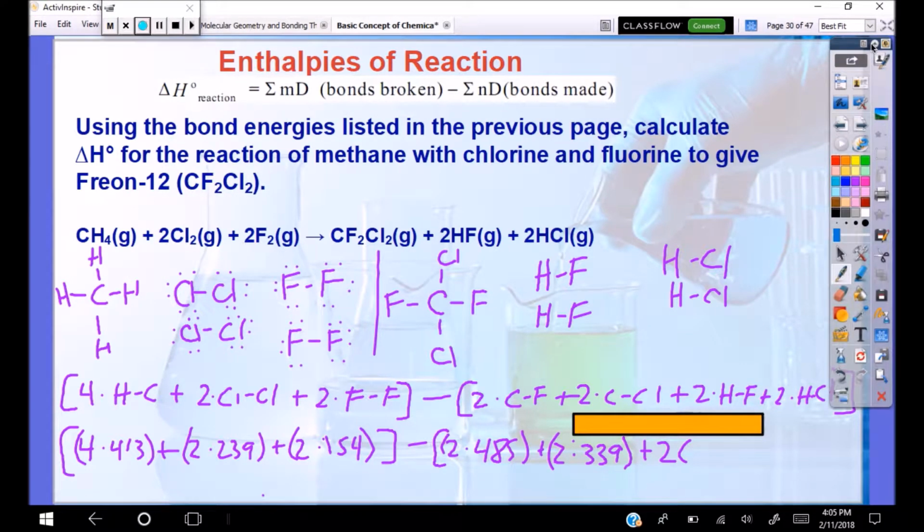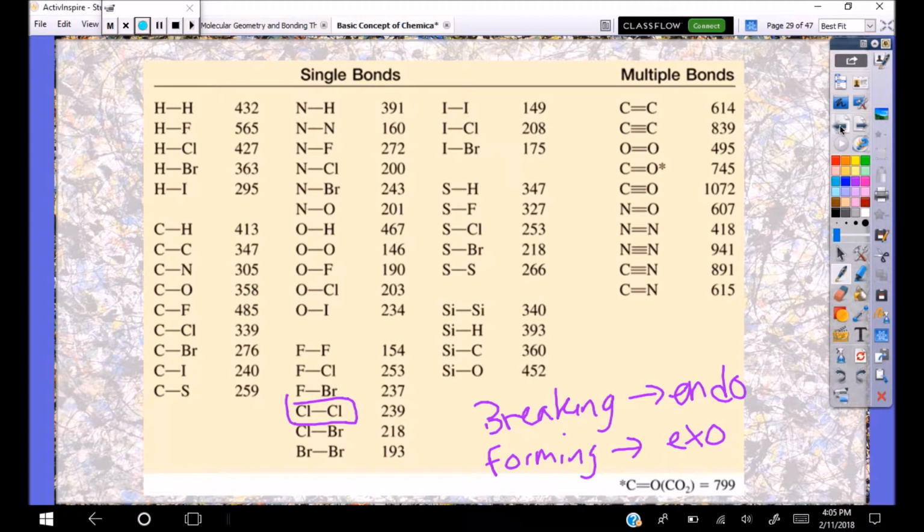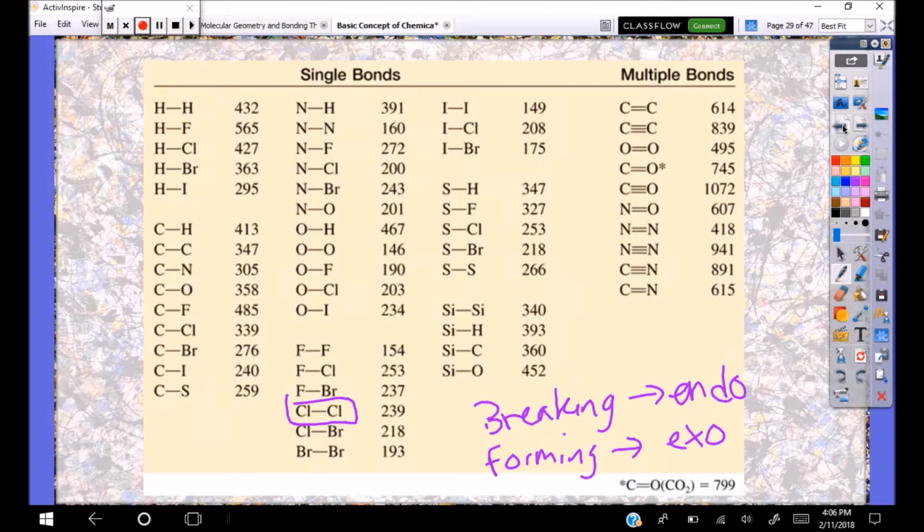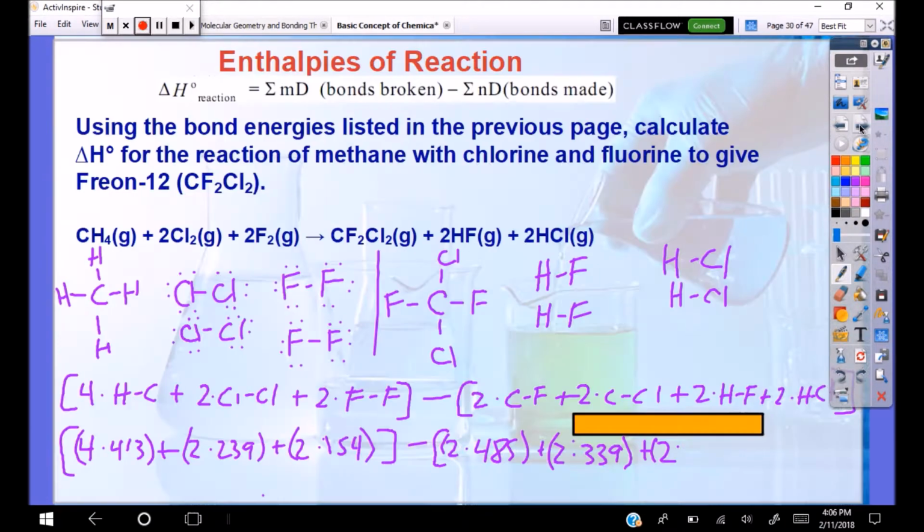And then 2 times my HF bond. 2 times HF is 565, and then 427 for HCl. 565 and 2 times 427.